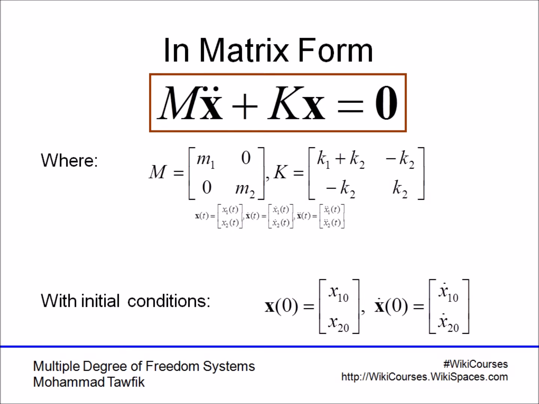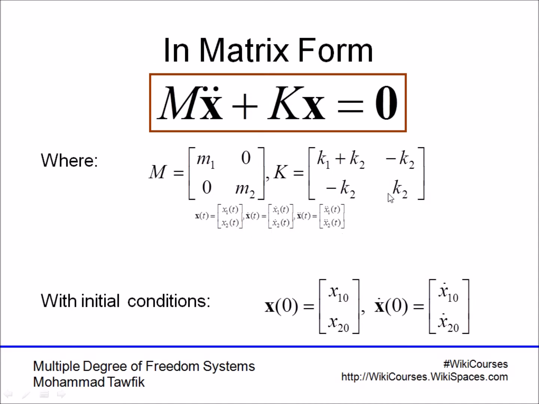Now let's try to put this in a matrix form. You'll find that we can write down the capital M mass matrix, M1, M2, which will be multiplied by x1 double dot and x2 double dot, M x double dot, and the stiffness matrix K will look like this, multiplied by x1 and x2, and we get the initial conditions as two vectors as seen here.